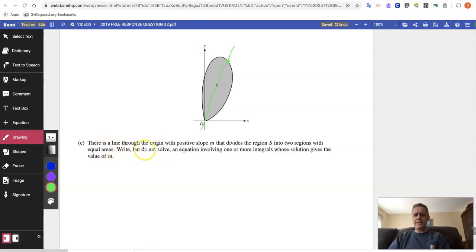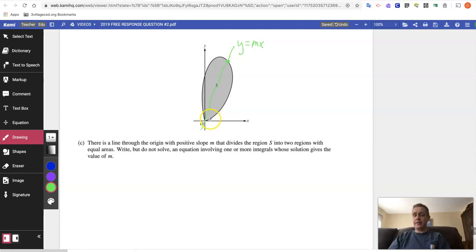And now this line has positive slope m, and because of that, we can write an equation to this line. Again, it's going through the origin, slope of m. So the equation of this line should equal y equals mx. Now, this line again is supposed to be dividing the region S into 2 equal areas.